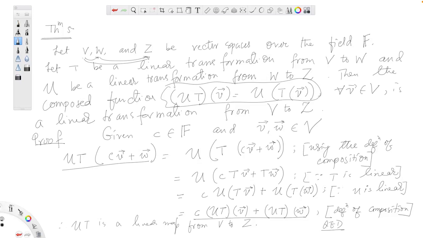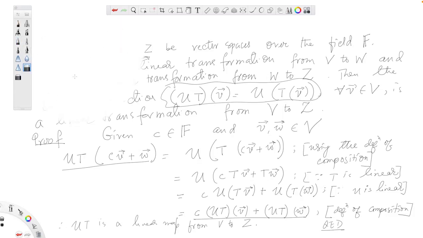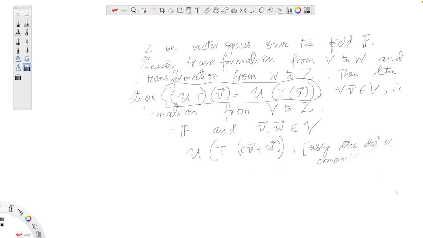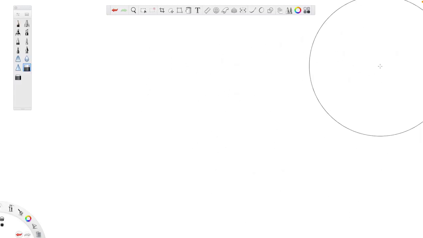Now a remark following the definition of composition in Theorem 5.